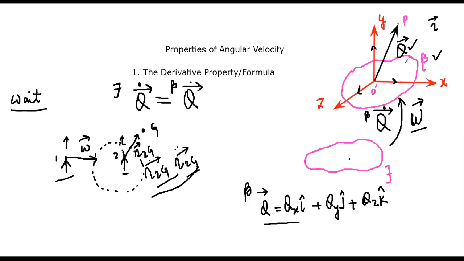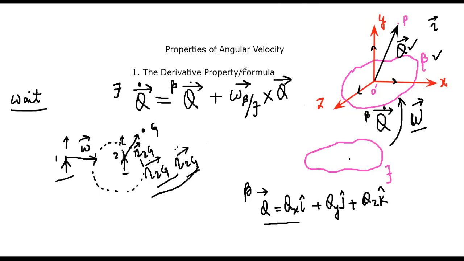But the derivative of vector q defined in frame of reference beta, with respect to frame of reference J, is equal to the derivative of q with respect to beta itself, plus the angular velocity of beta with respect to the ground frame of reference, cross product with the vector q defined in the beta frame of reference. This is called the derivative property or the derivative formula.